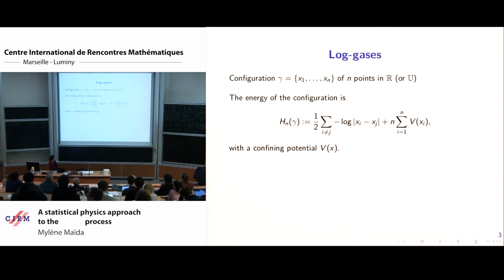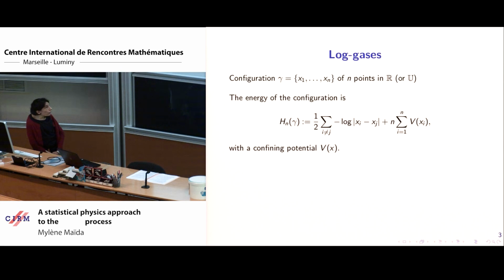The energy of the configuration is classical. It's the pairwise interaction, so the sum of minus log of |xi minus xj|, which will give |xi minus xj| to the beta when I consider the Gibbs measure, and there is a confining potential V, as usual.